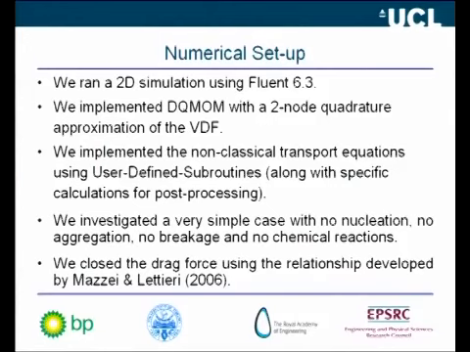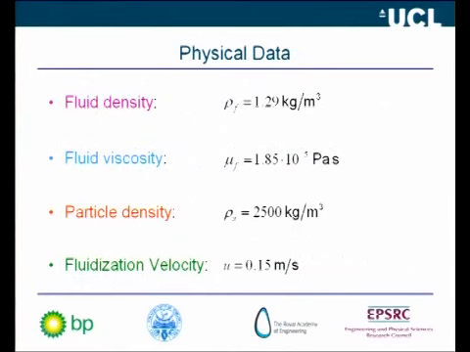In this case, obviously, since there is no chemical reaction and we did not consider breakage or agglomeration of the particles, it is the simplest case possible, just to start this application. For the drag, we considered the closure that I developed with Dr. Paola Lettieri recently.